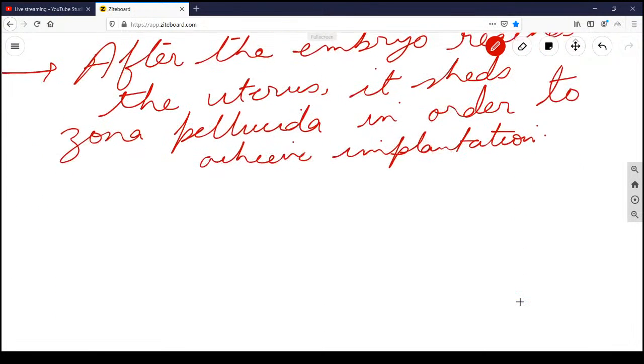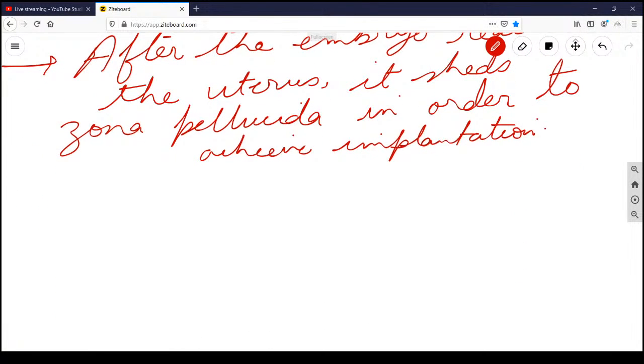Now, since implantation is the need of the hour, otherwise the embryo will not be able to sustain itself and placental development will not occur.